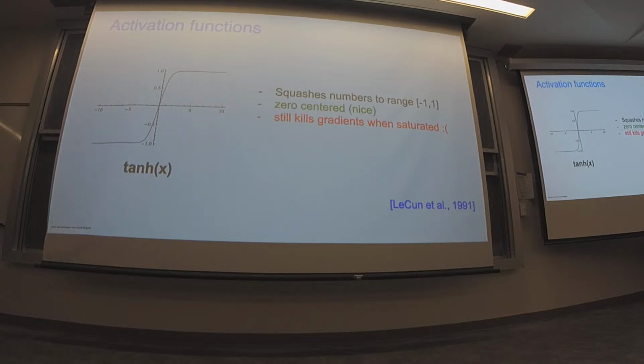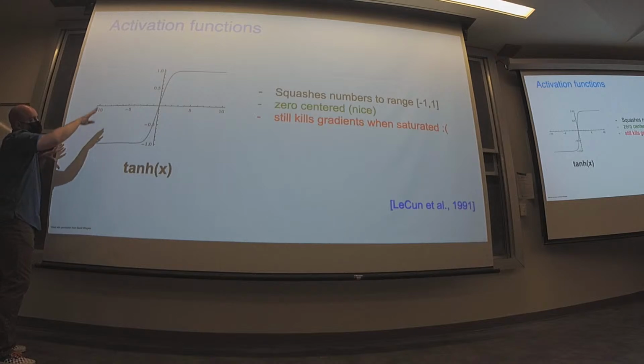Okay, so people tried to fix this. One of the early attempts was to replace the sigmoids with the hyperbolic tangent, this tanh function. It has similar properties to the sigmoid in that it is always increasing, going in this case from -1 to 1.